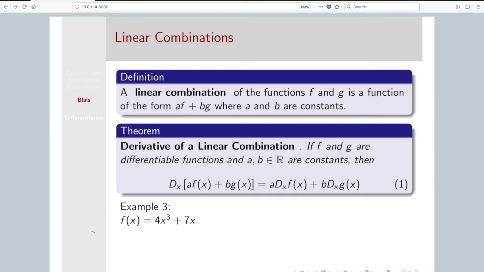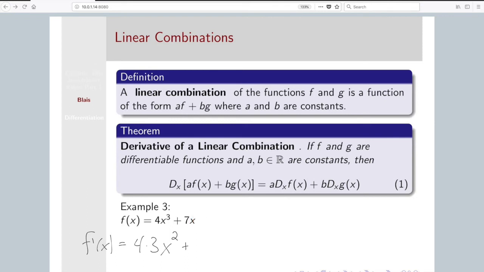So in this case, f prime of x can be obtained by first differentiating the first term, and that 4 doesn't affect things. It hangs out, but we do our power rule. So 4 times 3, bring the 3 out front, x, reduce the power of x by 1, x squared. Then, to that we add the derivative of the next term.